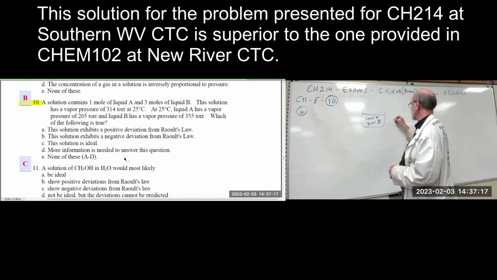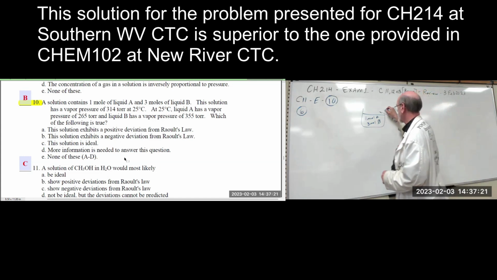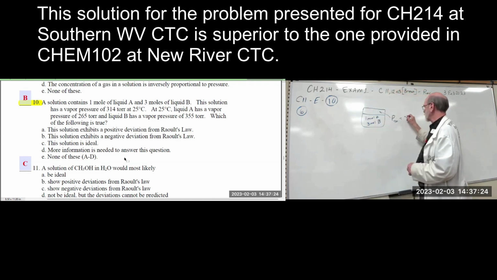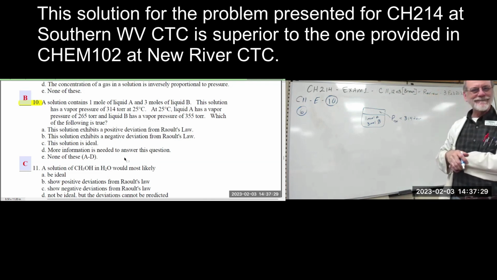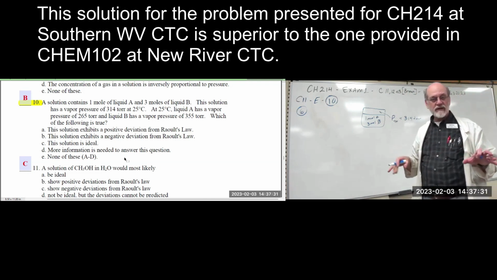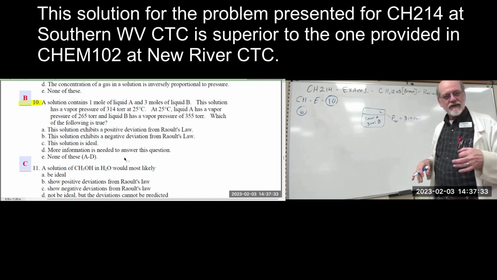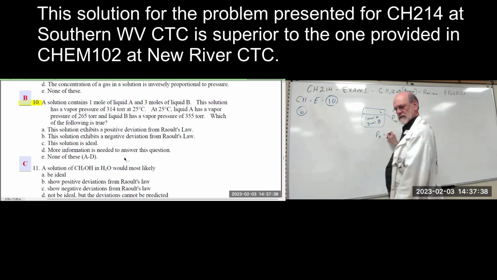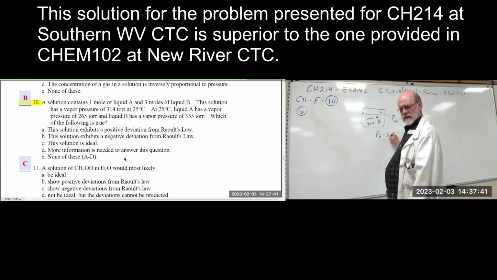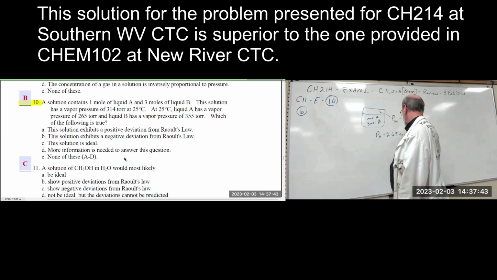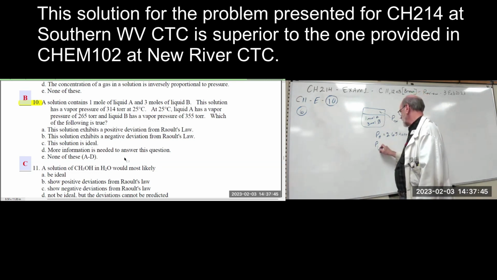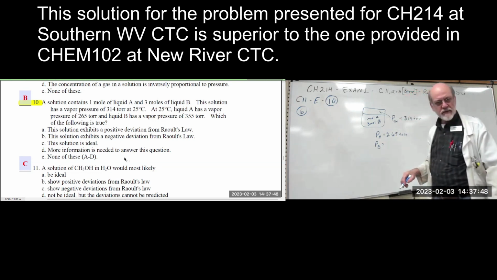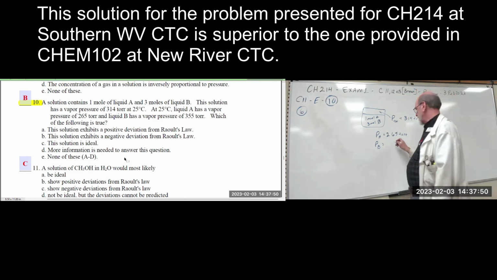So the total vapor pressure right here is equal to 314 torr. Still at 25 degrees, pure A has a vapor pressure of 265. So PA equals 265 torr. And pure B is 355 torr.